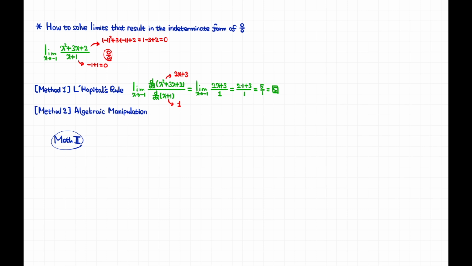Alright, so let me just start with the conclusion here. Within the second method, there are actually three main techniques. It's kind of like subcategories. The first one is factoring.